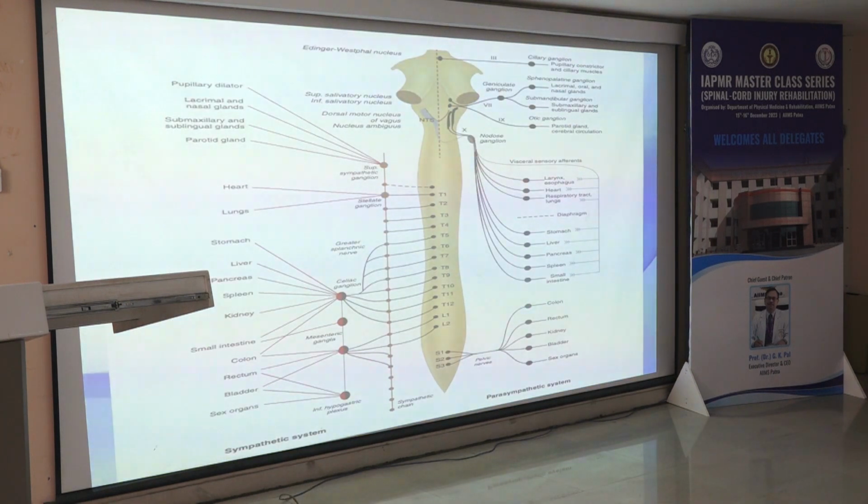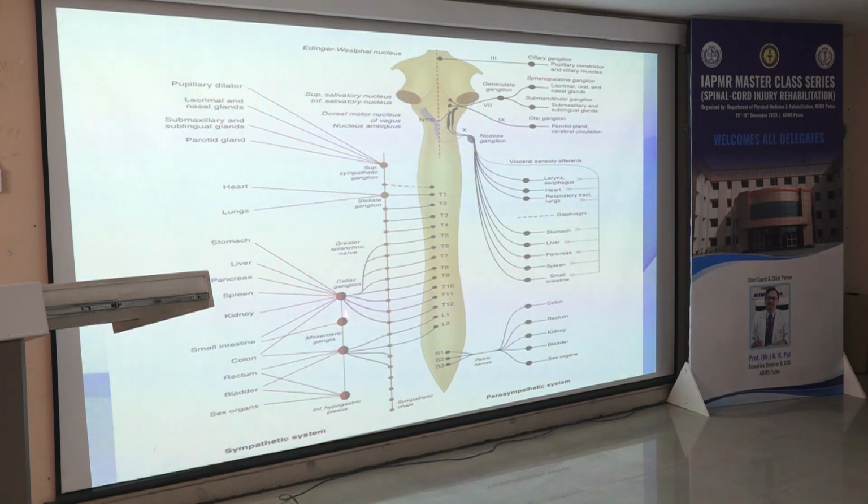The question is, why do we see this type of symptom in AD, and why do we treat the patient in this manner? This is just because of a simple neurological connection. We know the anatomy of the sympathetic chain, and we know where the parasympathetic inhibition comes from.